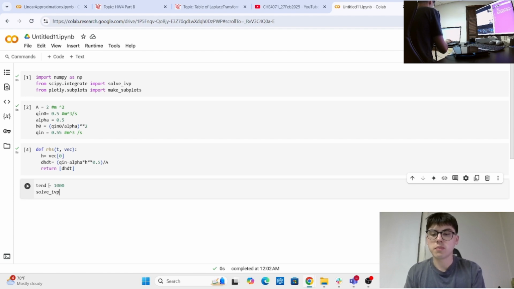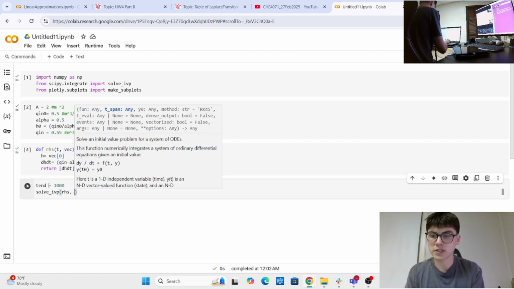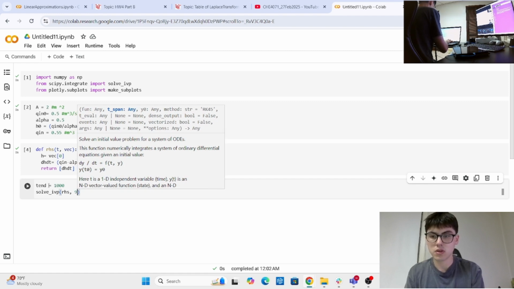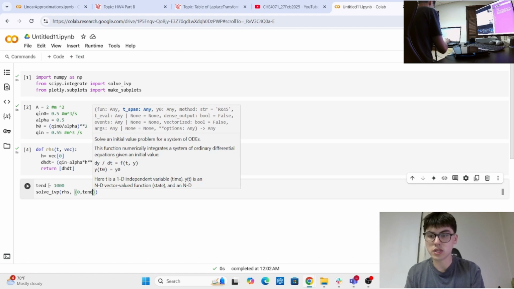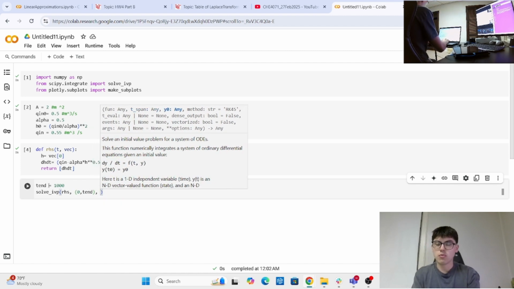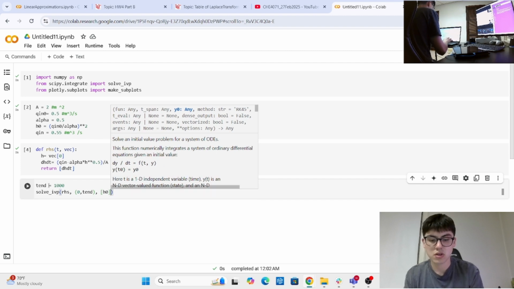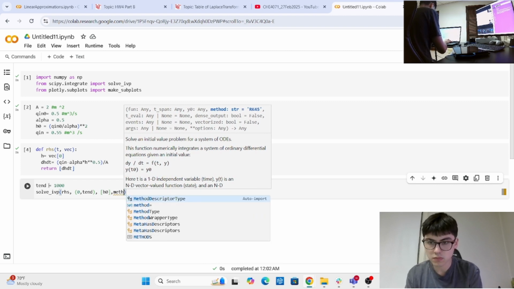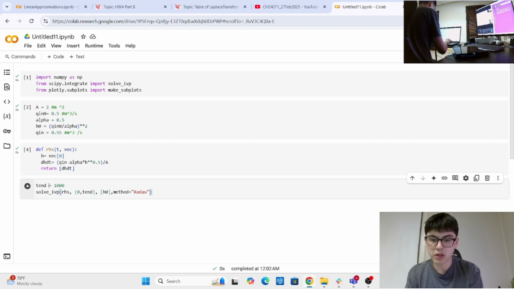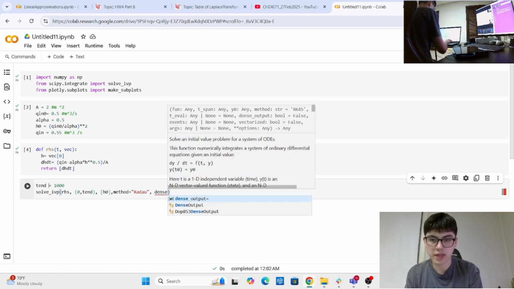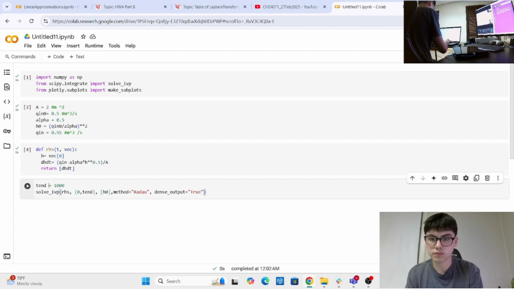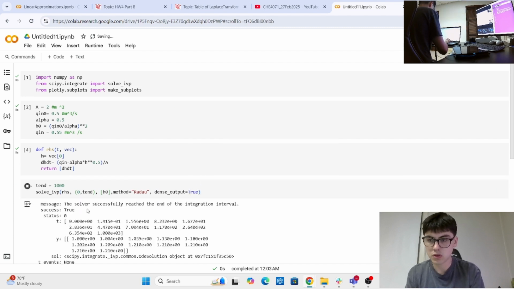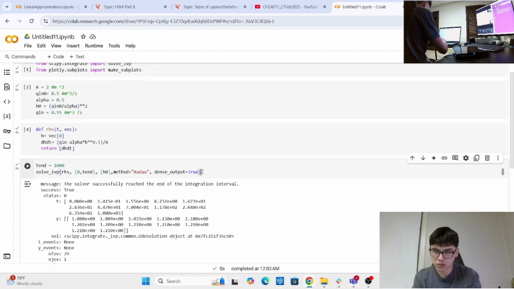So res solve underscore IVP will be equal to, right hand side with the function, T-span will be 0 to T end, and y0 we can define as, oh, that's our h value, sorry, h naught, and then method will be equal to Radau, and dense output will be equal to true. Sweet, so it's solved.